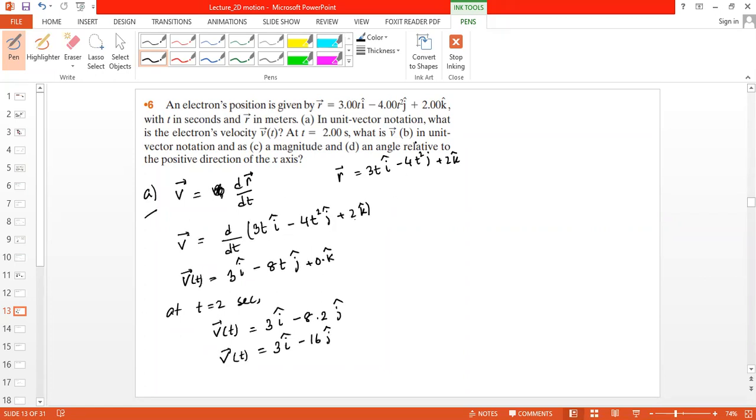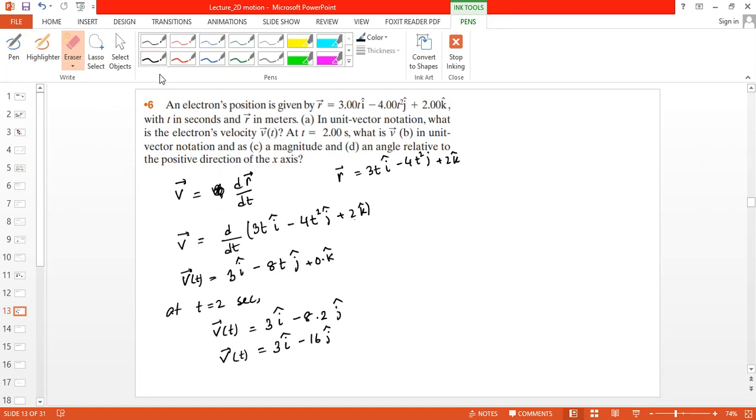And in the question, what they're asking is the velocity in unit vector notation. Now, notice there were two parts here. The first one is what is the electron's velocity in unit vector notation. This means the generic velocity, the time dependent velocity.